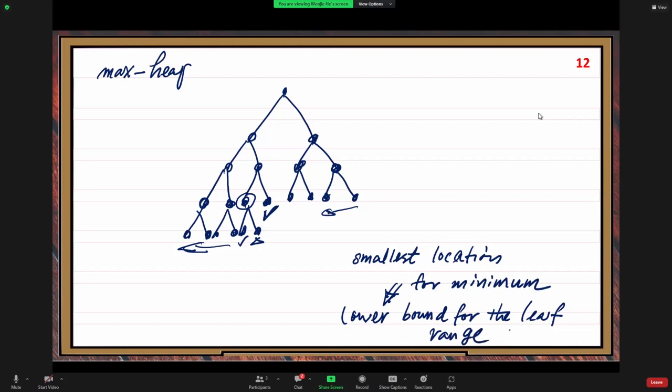If you know the lower bound for the leaf range, you have the answer. Very easy. We did it several times. All right, that's it.